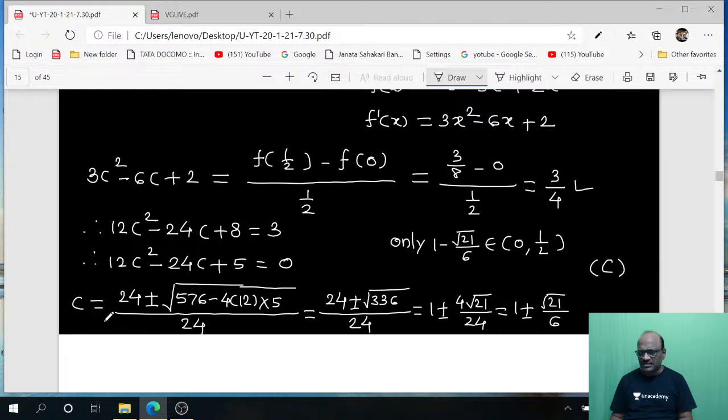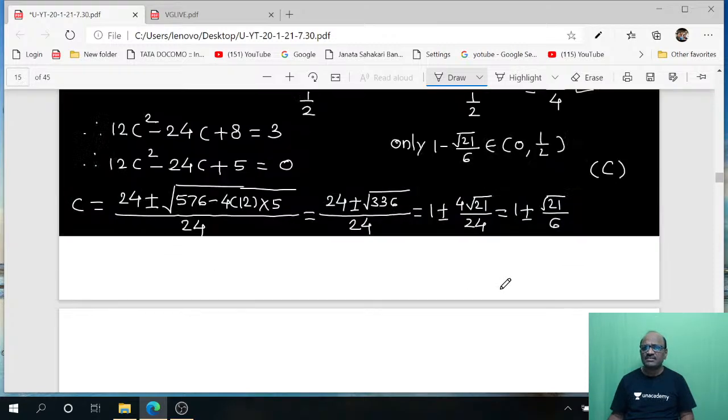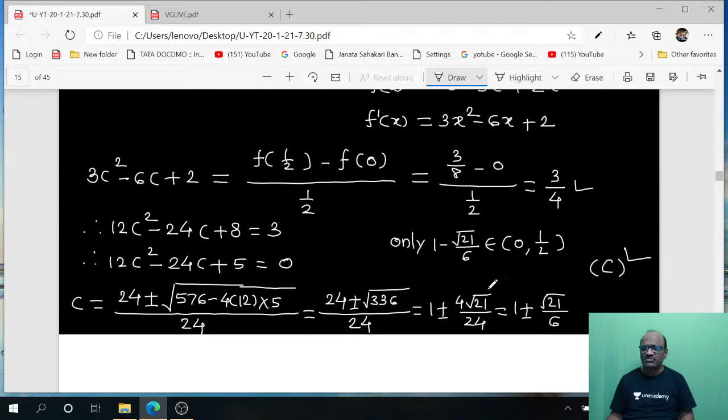Therefore c is equal to 24 plus or minus under root of b square, means what? 24 square is 576 minus 4 into 12 into 5 upon 24, and after simplification you will get 24 plus or minus root of 336 upon 24, and hence you will get 1 plus or minus 4 into root of 21 upon 24, and hence you will get the value. That is, option C is the correct one. That is, only 1 minus root of 21 upon 6 belongs to this interval.